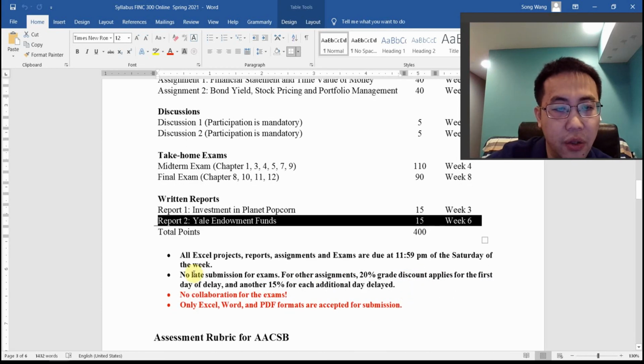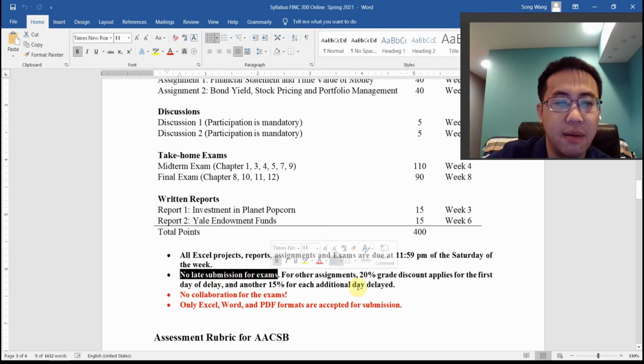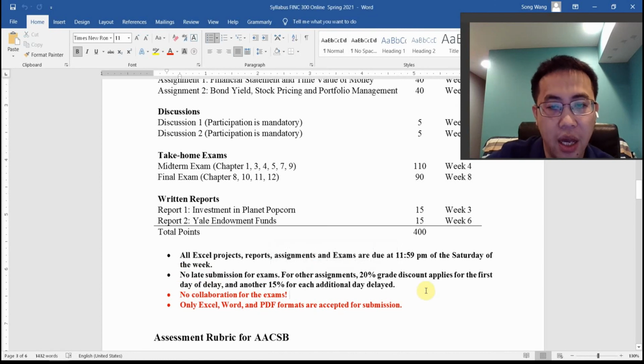And second, there's no late submission for exams. For other assignments, it could be late, but there will be a penalty. For example, if it's delayed by 1 day, then there will be a 20% discount applied to your grade. That means even if you could do 100%, just because you're late for a day, you only get a maximum of 80%.